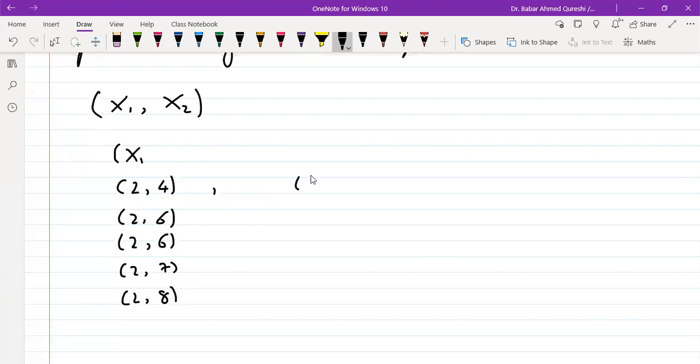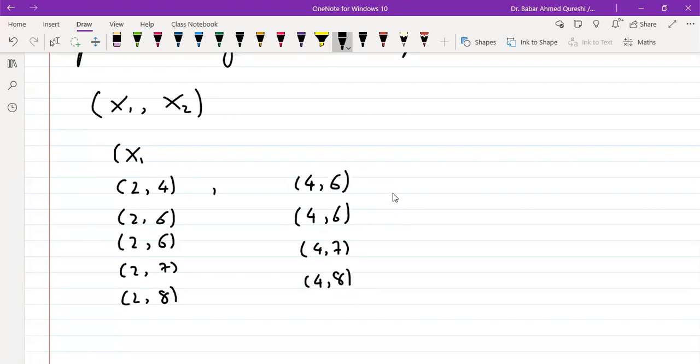Then I have 4. I'm just counting the sample, so the order doesn't matter. I'm just counting which members of the population can be there. So I don't go backwards. I won't have 4, 2. But I'll have 2, 4, 6 because 2 members have the value of 6, 4, 7 and 4, 8.